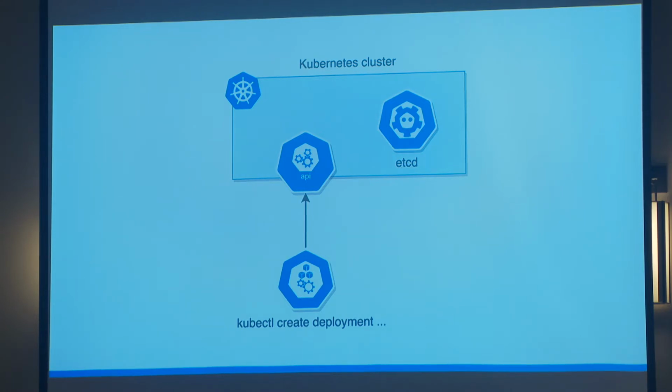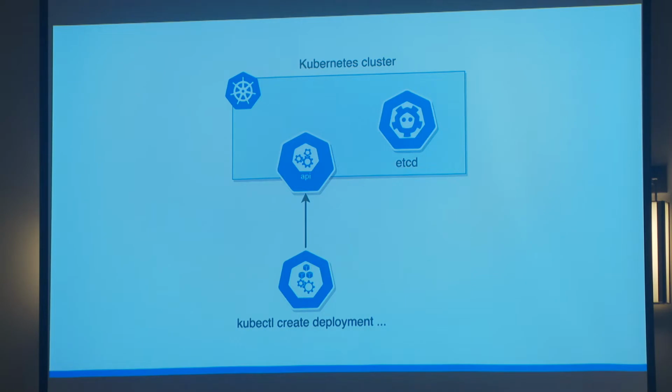And you say, OK, kubectl, create deployment, give it a bunch of parameters, such as the number of replicas, what image to use, et cetera. What kubectl does is it's going to connect to the API server and make that API call to say, hey, here's a new configuration that I want to deploy within the cluster.